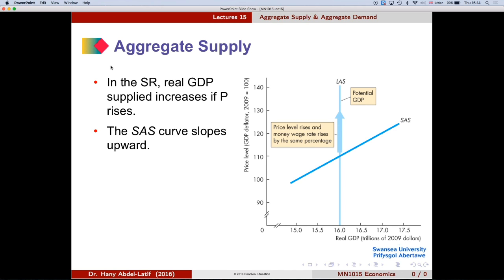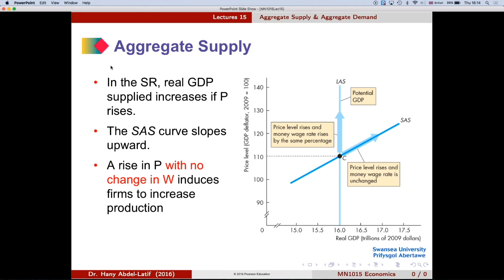In the long run, the money wage will adjust, we'll have enough time to adjust. That's why we'll see this vertical line. And in the short run, it does not happen. The money wage rate doesn't change. That's why we'll have the upward sloping curve for the short run aggregate supply curve.